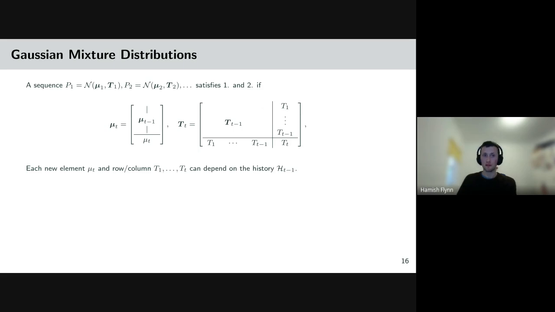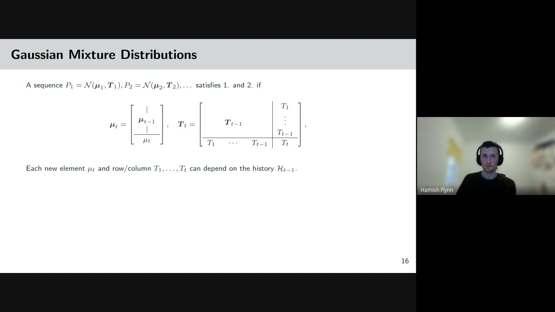So when we're looking at Gaussian mixture distributions in particular, the conditions on P1, P2, and so on become conditions on the mean vectors and the covariance matrices, so mu and capital T. And any sequence of mean vectors and covariance matrices satisfies the two requirements as long as they obey this recursive update formula.